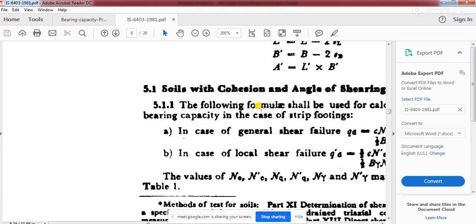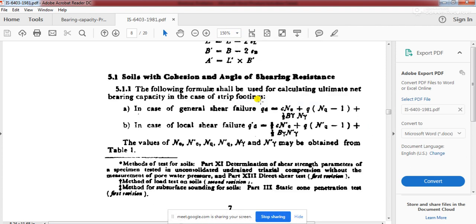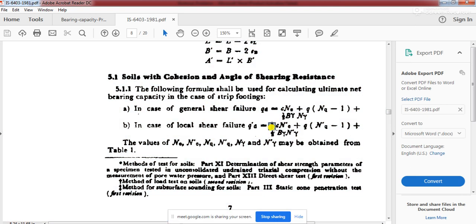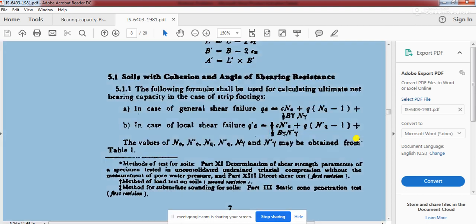No sir, the third term. The third term, 2/3 B gamma N gamma, this one you are saying? No, this is not 2/3. This is 1/2. You can download another copy of the code maybe. Okay, this is 1/2, not 2/3. Okay, sir.